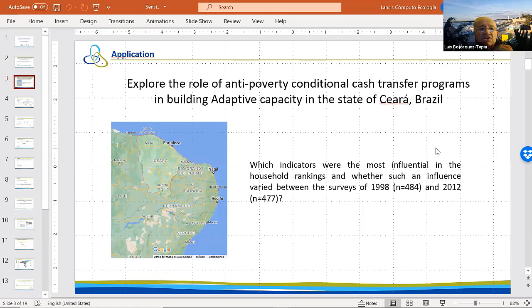This was the context of a program for fighting poverty in the state of Ceará in Brazil, so it was very important to check what changed between 1998 and 2012. And this is the state of Ceará in Brazil.